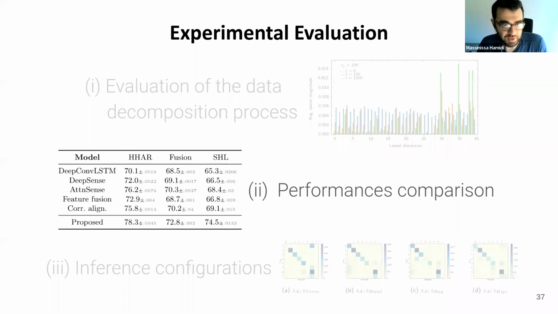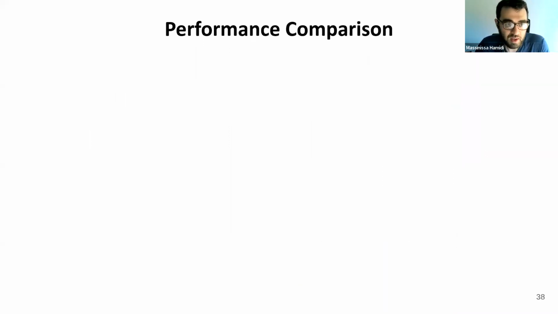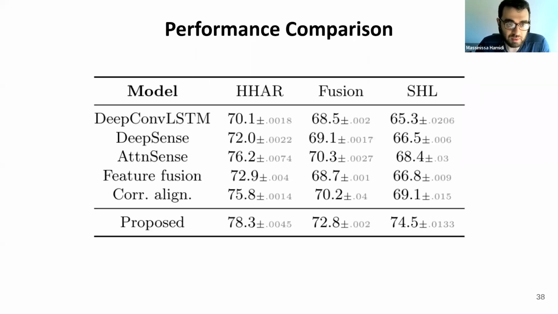In this part, we study the performances of the proposed model compared to the state-of-the-art approaches like deep conv-LSTM and deep sense. This table compares the recognition performances obtained with the baselines and the considered representative data sets.